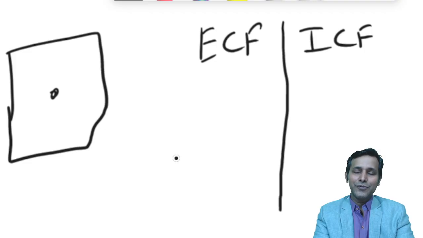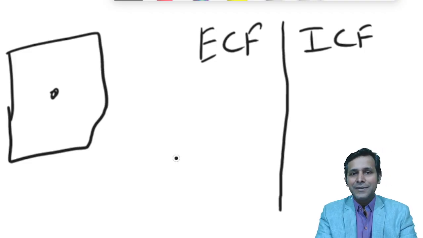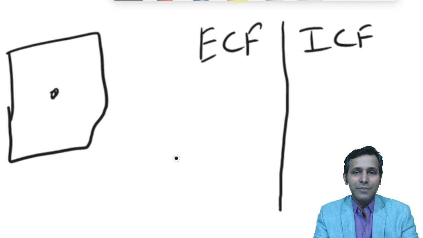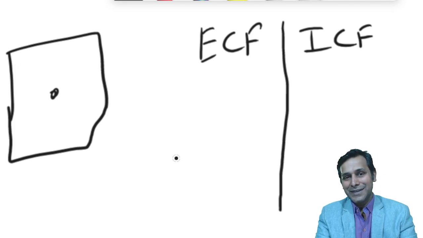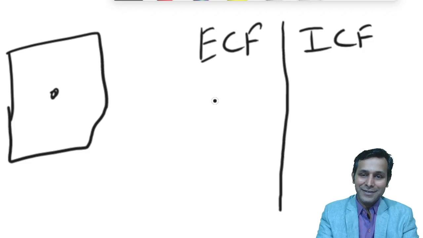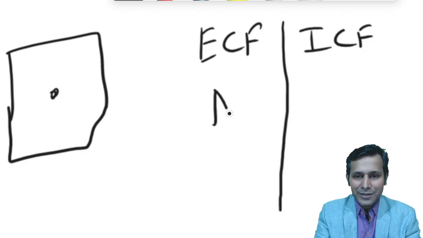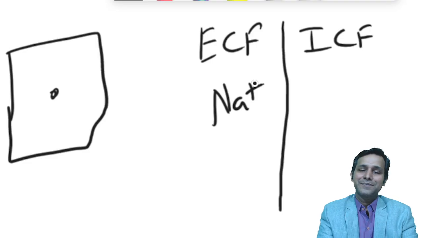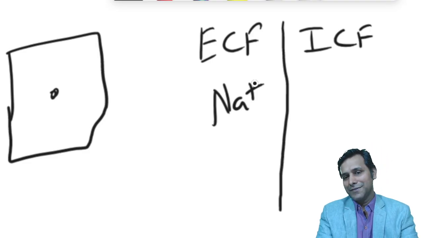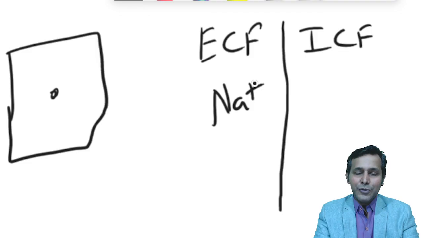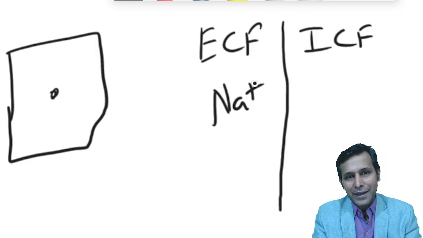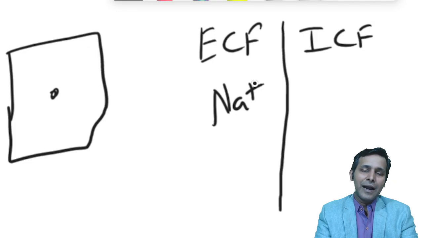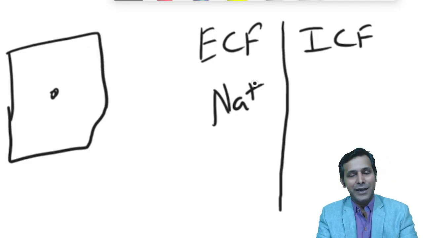Now I would like to know from your side, on which side of the cell do we have sodium ion in higher concentration, in ECF or in ICF? The answer is sodium ion is more in the ECF. Number two, potassium ion. Where do we have potassium ion in higher concentration?